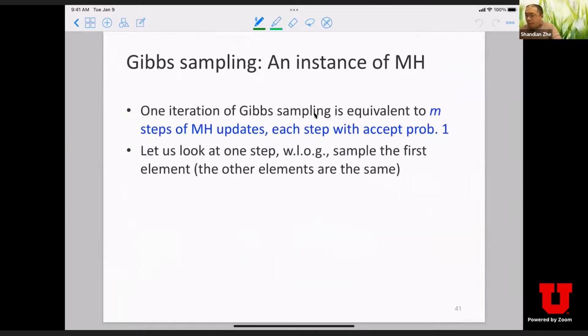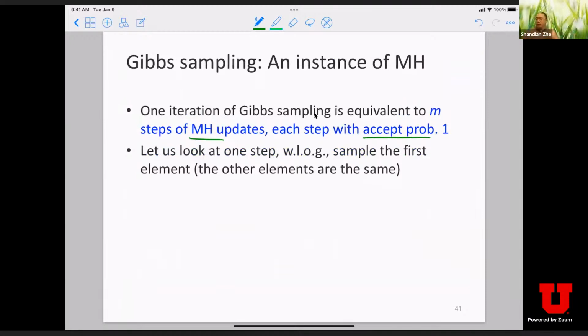Okay, so next we're going to talk about the connection between Gibbs sampling and Metropolis-Hastings. So we will give another view of Gibbs sampling. You will see that one iteration of Gibbs sampling, meaning that you generate one sample of one element, actually conducts a Metropolis-Hastings update. Metropolis-Hastings just means you generate a proposal, then you test whether you're going to accept that proposal, right?